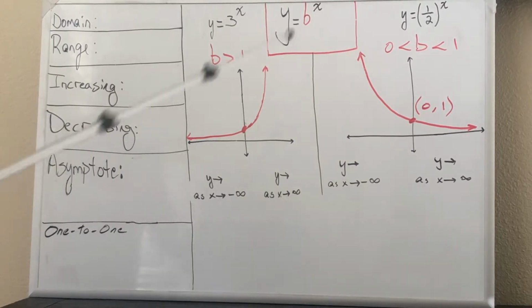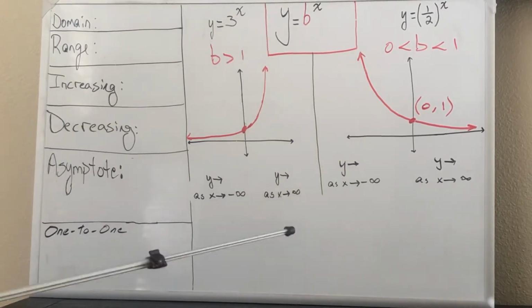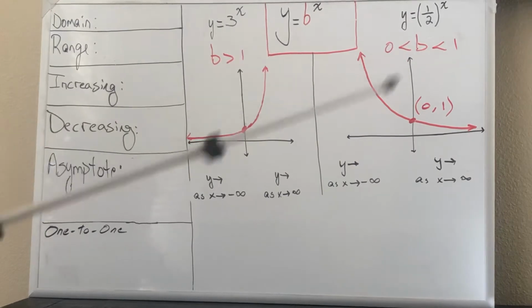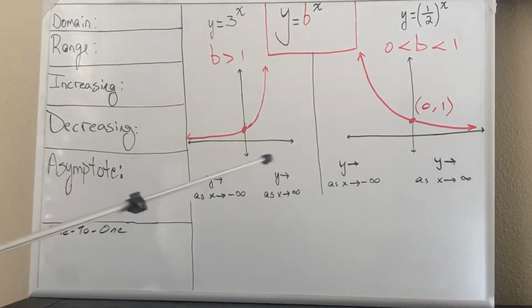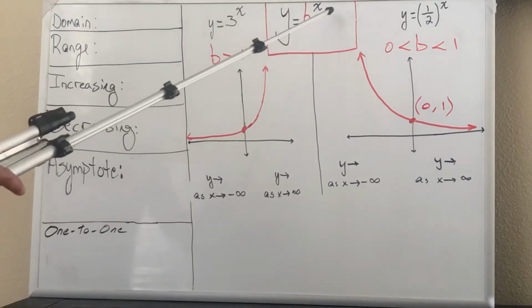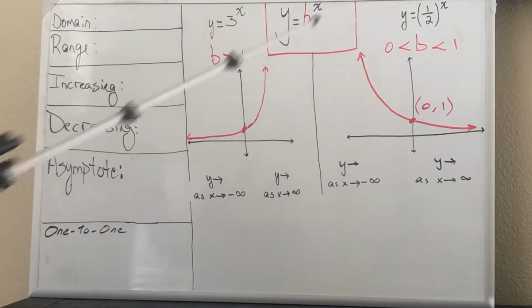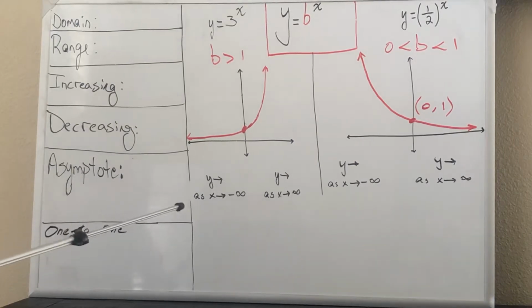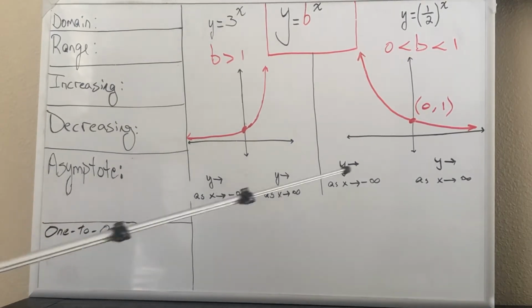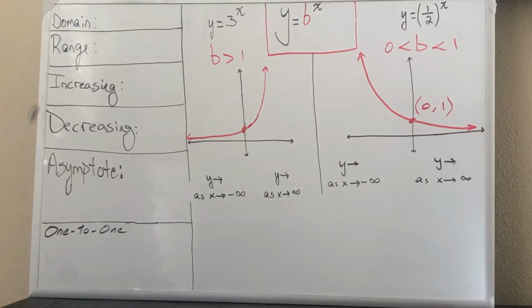You can use positive integers like 1, 3, 5, 6. You can use negative integers like -2, -3. You can use fractions like 1/2, -1/2. Or you can use irrational numbers like radical 5 and negative radical 3. The domain of an exponential function is all real numbers.